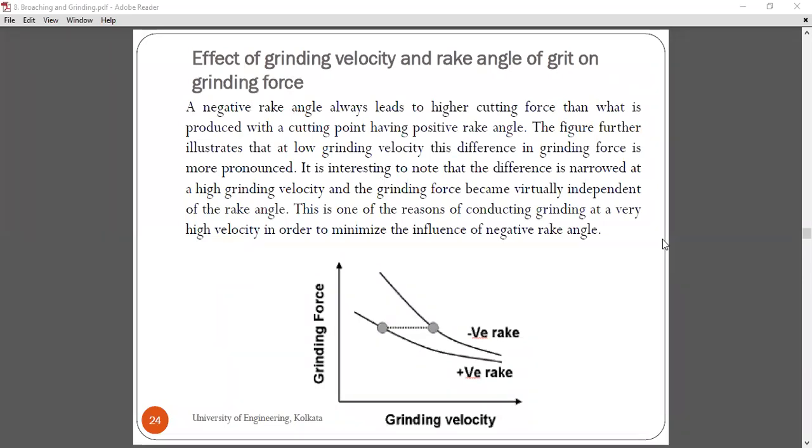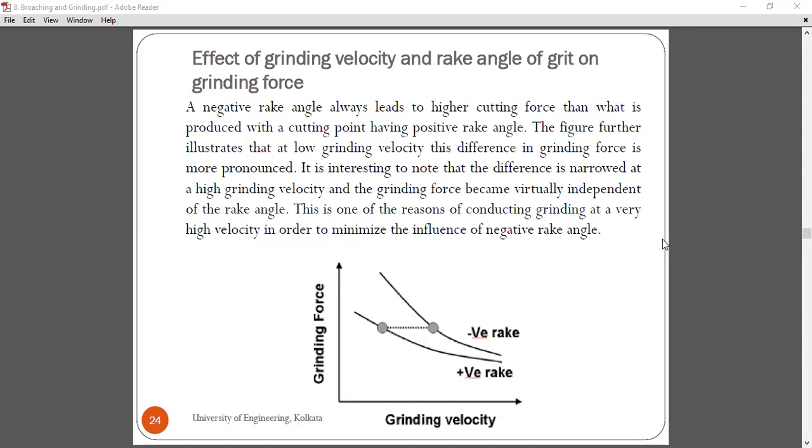Let us now look into the effect of the grinding velocity and the rake angle of grit on the grinding force. If the rake angle is negative, definitely we know that the grinding force or the cutting force required is higher as compared to the positive rake angle.